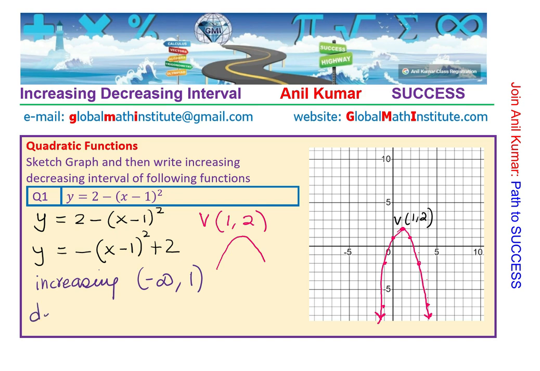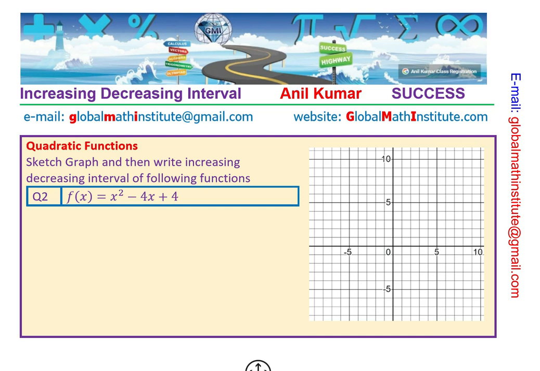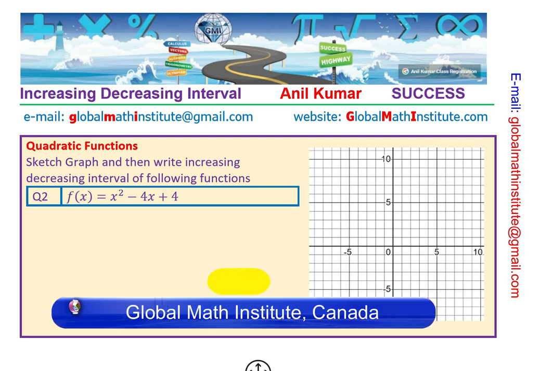And then it decreases from 1 to infinity. Is that clear to you? So the idea is to find the vertex and whether it opens up or down, and then write down increasing and decreasing interval just as we have done. So I hope this concept is absolutely clear. You can now pause the video, answer the next question.